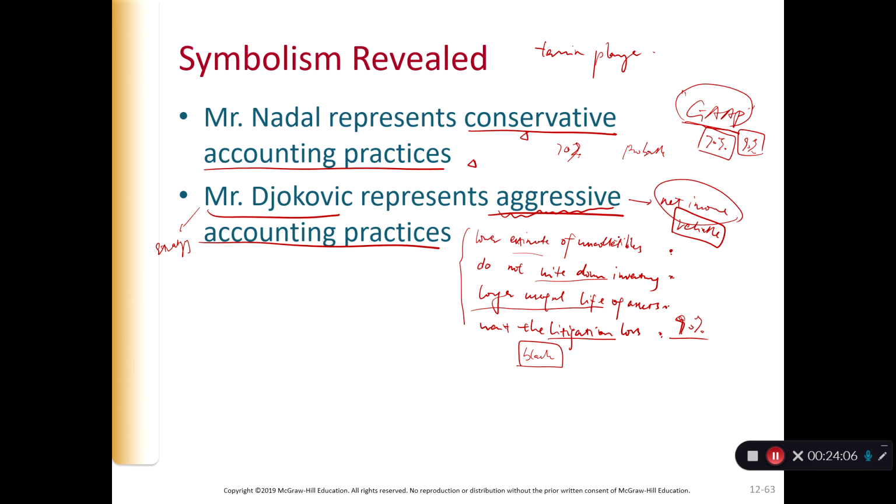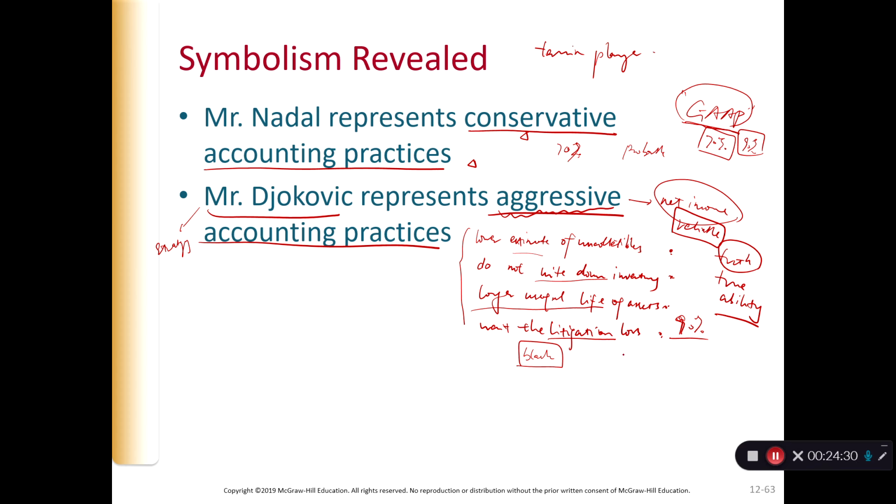As an investor, if I read Djokovic's income statement, I don't think the number that he reported can be used to predict the future earning ability of the company, because it's not reflecting the truth, or the true ability, right?